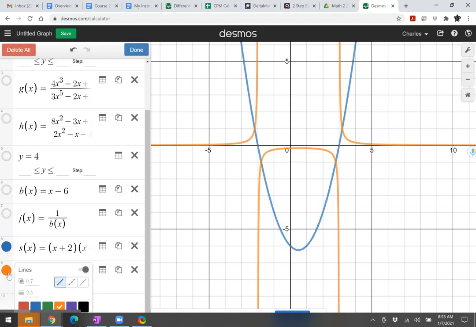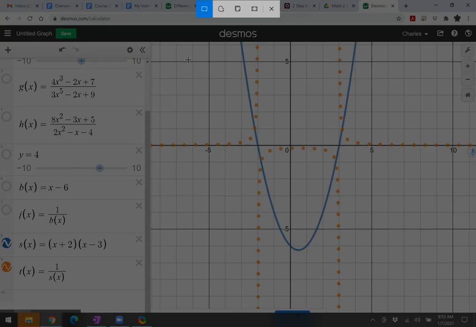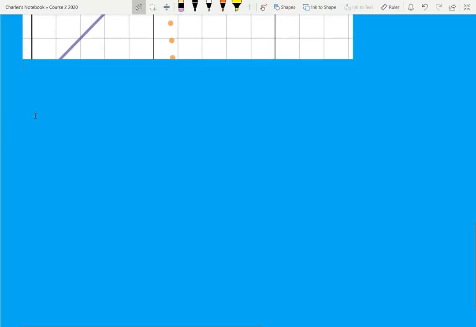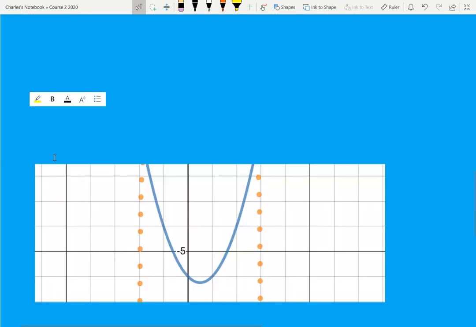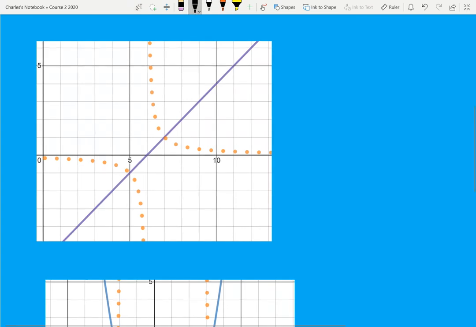But let me go back to dashed. I just want to show that this is going to be true. This is the first example that we had, and we had the 0 here, and we had the 0 in the original function. In the reciprocal, we had an asymptote. Where the function went to infinity, the reciprocal went to 0.